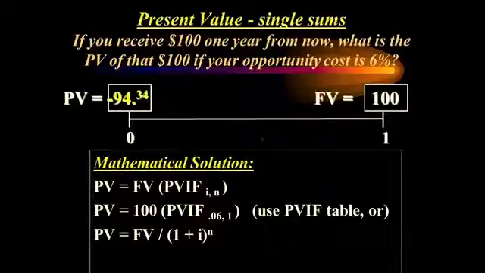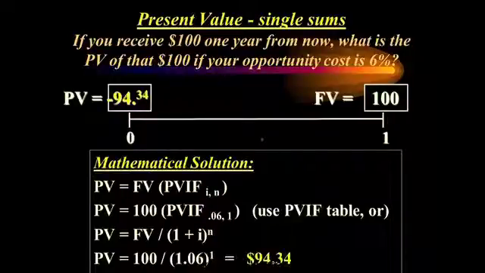So 0.943 into 100, right? Or what I do, future value divide by 1 plus rate. So 100 divide by 1 plus 0.06 raised to power 1. The value comes to 94.3. Or you multiply by the factor, 100 into 0.943, and the value comes to 94.3, right? That's how we compute present value of a single sum.